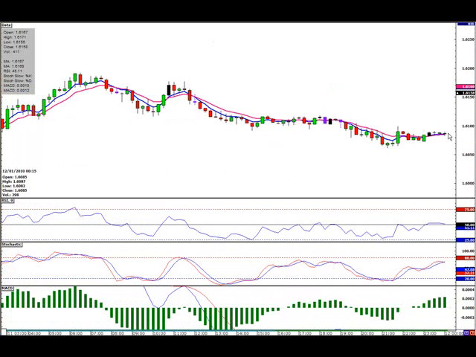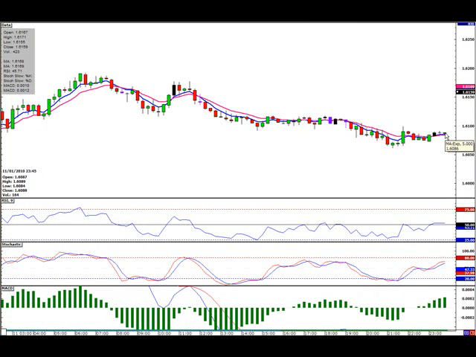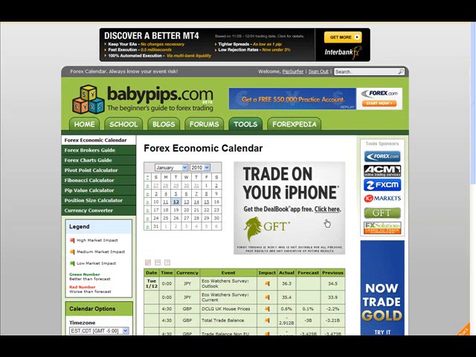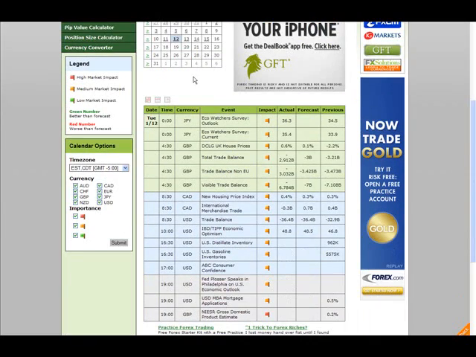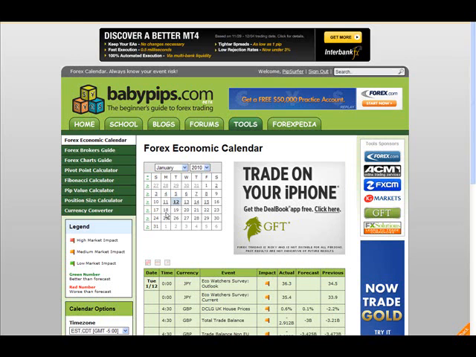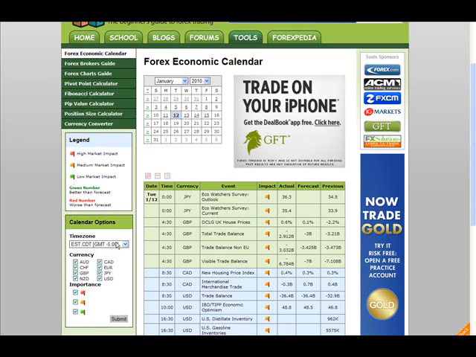So now I'm on my 15-minute chart, and I'm moving this to before midnight, right before we're about to start trading. Of course, the first thing I want to do is look at my news events for the day. You can just go to babypips.com, click on this tools tab, and it automatically pulls up the news events for the day. But just double check to make sure that it is on the correct date, and that this time zone drop down bar is on your correct time zone, so that you have the right time and the right day.